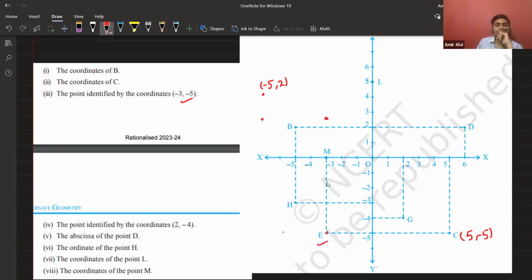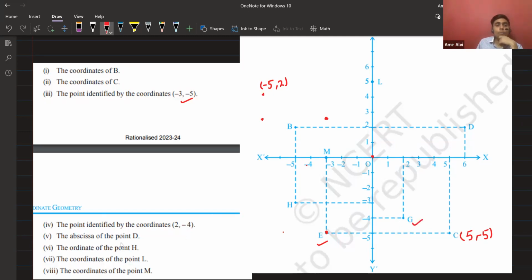E point here, minus 3 in this direction and minus 5 in this direction. So E point is there. Got it? Very good. The point identified by the coordinates 2 comma minus 4. Where is G point? 2 comma minus 4. Very good.